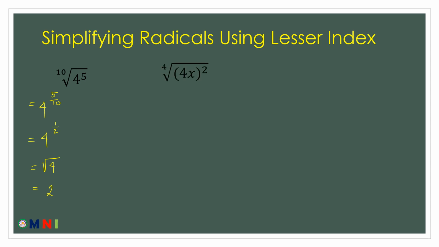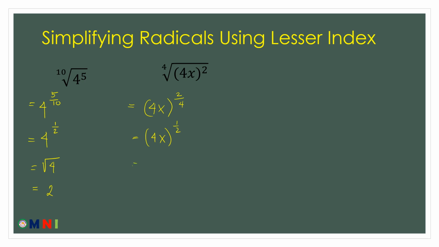Okay, let's have next example. We have the 4th root of quantity 4x raised to the power of 2. Again, we are going to write it in fractional form, the exponential form in rational exponent. Therefore, we have 4x raised to the power of 2 over 4. And again, simplify it, which is 1/2.